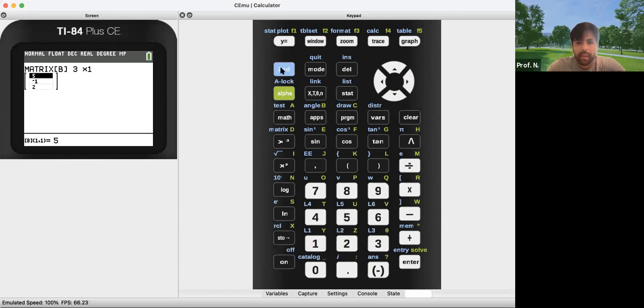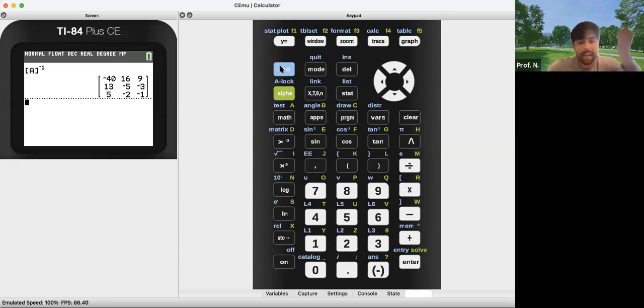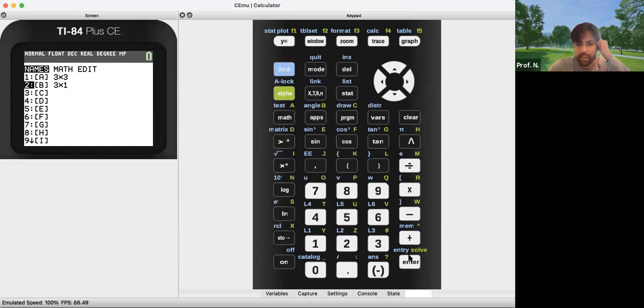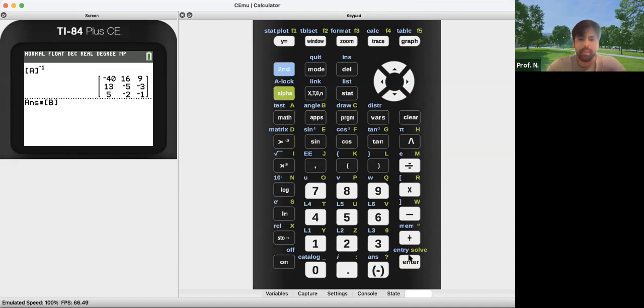Then I'm going to go back to the home screen, and since I have the inverse already, I'm going to do answer, and multiply this by my matrix B. My matrix B is right here. When I perform the matrix multiplication, the calculator knows that already. And when I multiply it, I get the column vector -198, 64, 25.